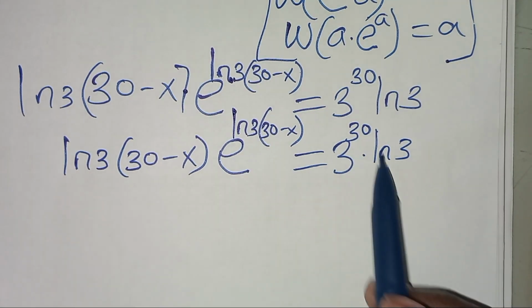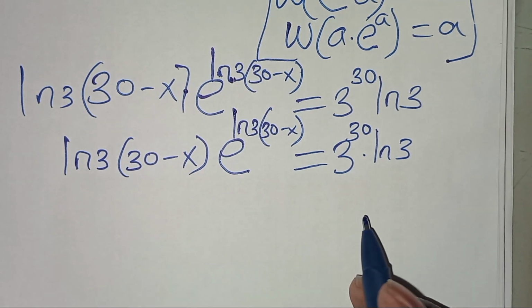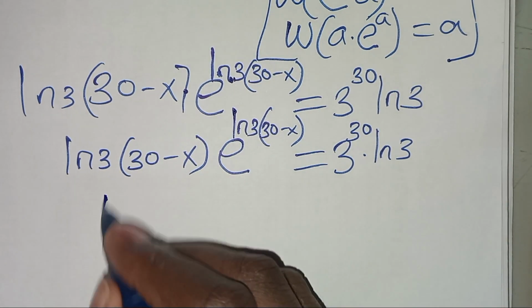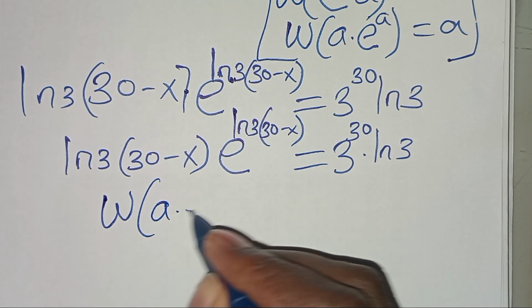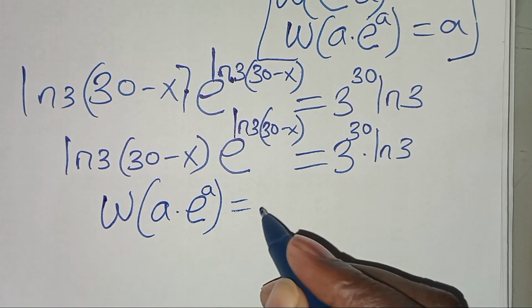Now from what we have here, applying the Lambert W function, if you have a multiplied by e to the power of a, this is equal to a.